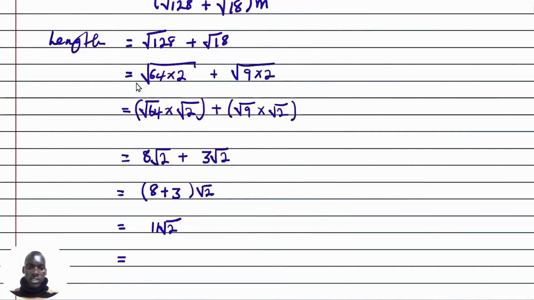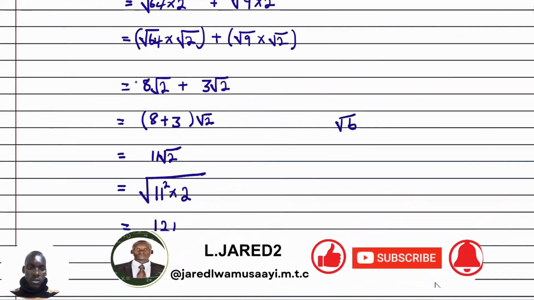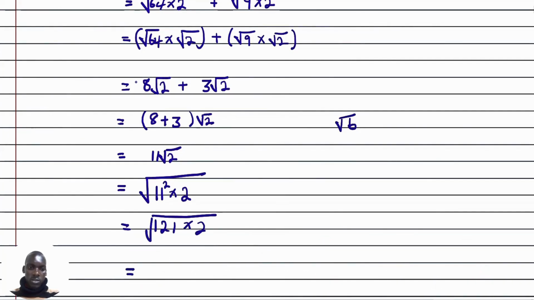Remember, they said they want us to put it in the form of root b. So we are going to enter this 11 inside the square root. For it to enter the square root, we are going to square it. So we have the square root of 11 squared multiplied by 2. Then 11 squared is 121, multiplied by 2, the whole of it under the square root. 121 multiplied by 2 gives 242, the whole of it under the square root.